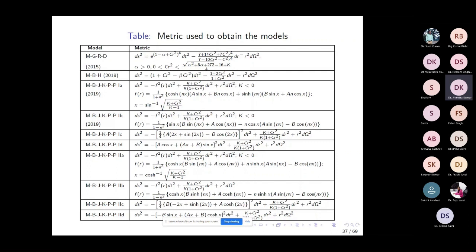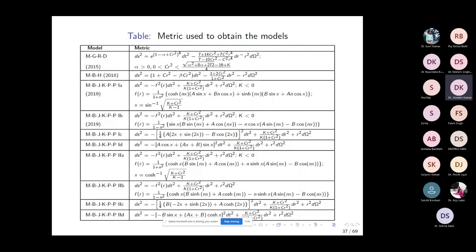So we assume this one, which is the Buchdahl metric. e raised to the power lambda equals (k plus c r squared) divided by k into (1 plus c r squared). That is known as the Buchdahl metric, and we assume that e raised to the power nu equals f squared, so f is a known quantity.